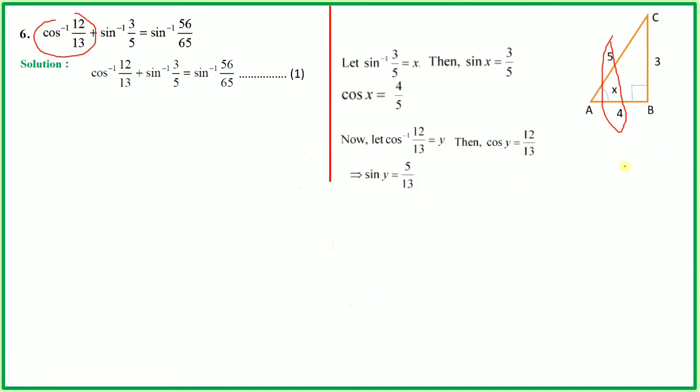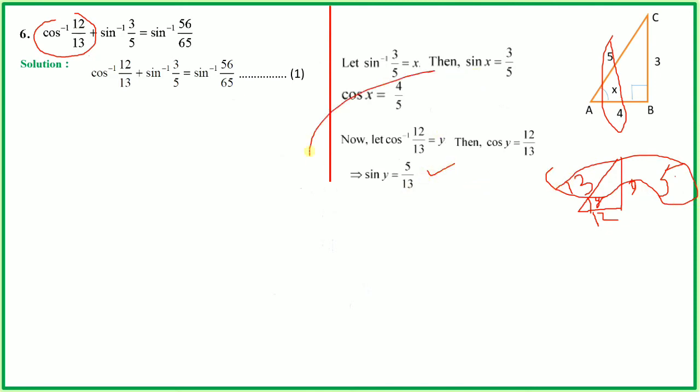Similarly, base upon hypotenuse 12, hypotenuse 13. So 169 minus 144 is 25, square root of 25 will be 5. So sine y is perpendicular upon hypotenuse, 5 upon 13.